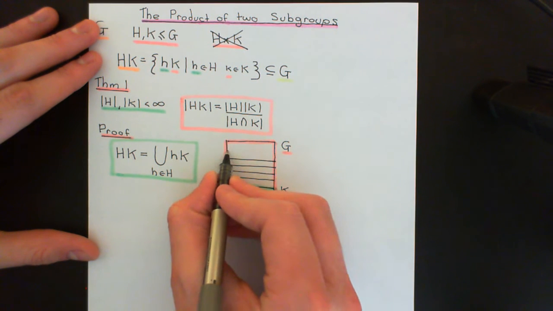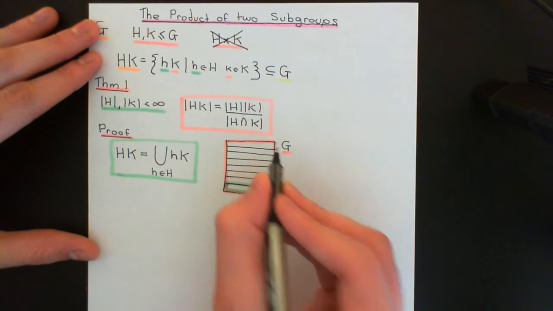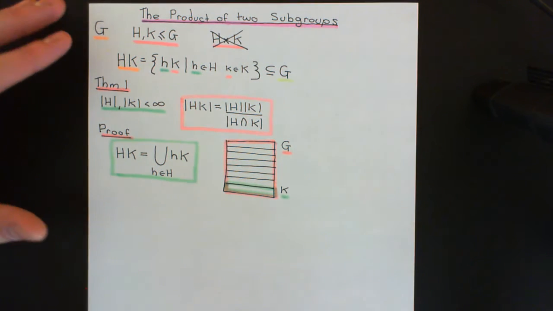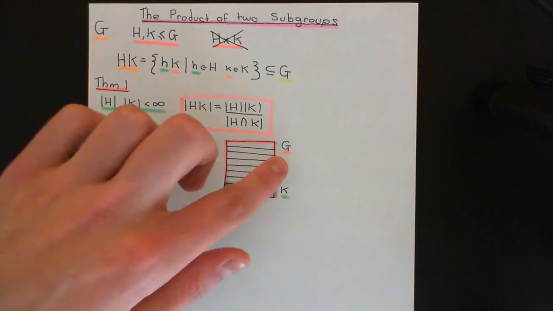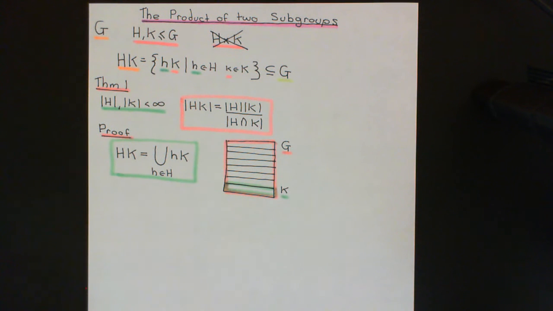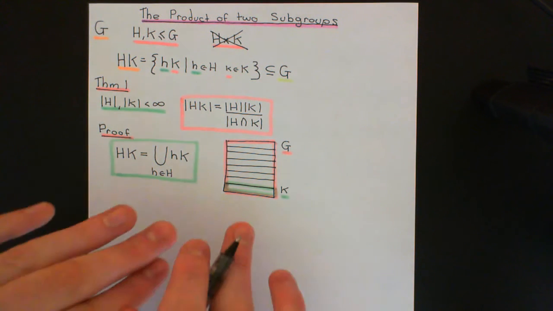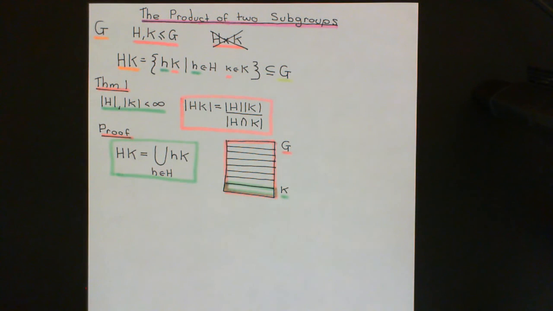So that's 5, 6, 7 and 8. So the index of K in G, as far as this picture is concerned, is 8, but more generally it could be infinite if indeed the order of the entire group is infinite. So there is K partitioning the group capital G up into left cosets of K.